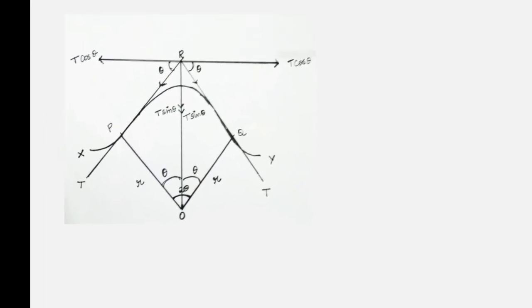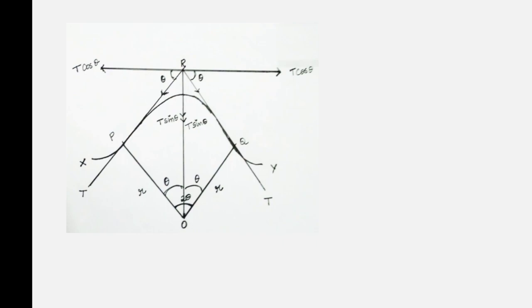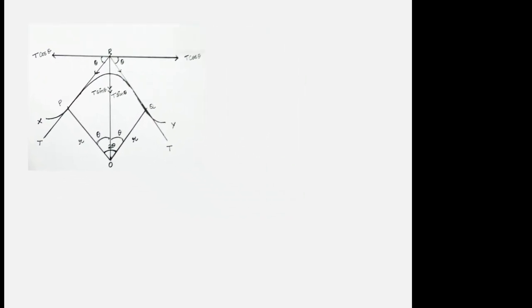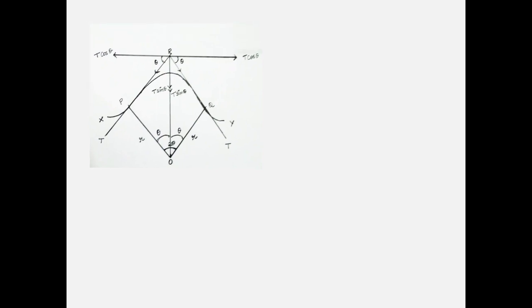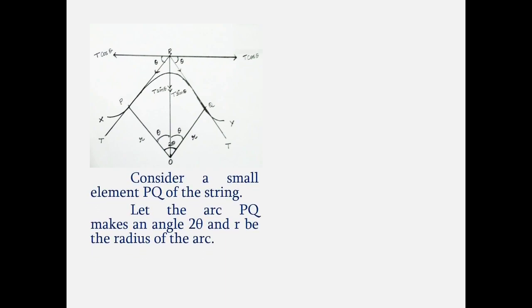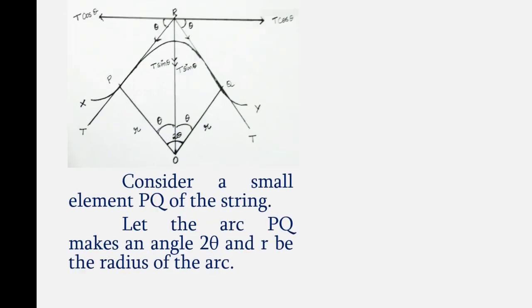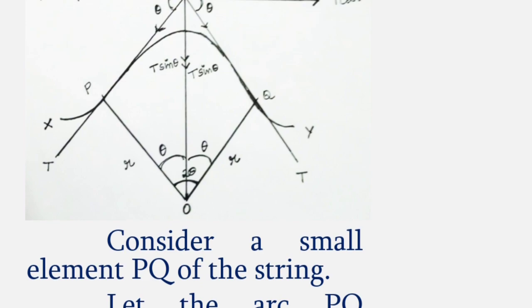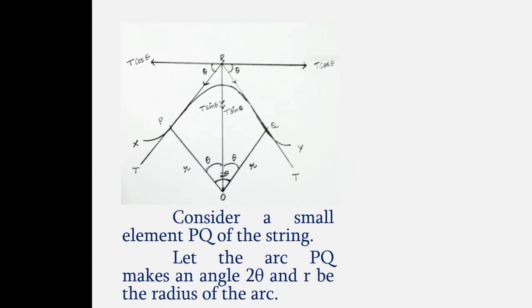We are choosing a portion of a wire XY which is held by a suitable tension T at both the ends. In this portion XY, let us consider a very small element PQ. This PQ looks like an arc and it makes an angle 2 theta, and the radius of the arc is small r.